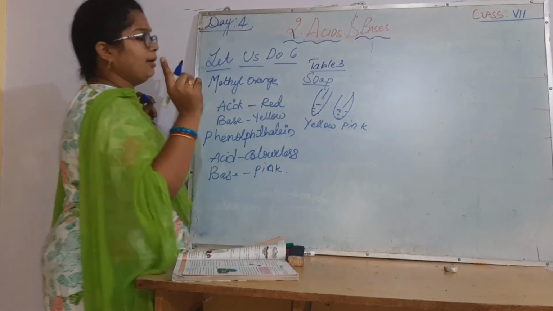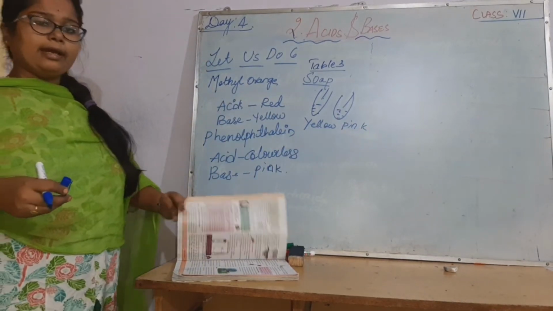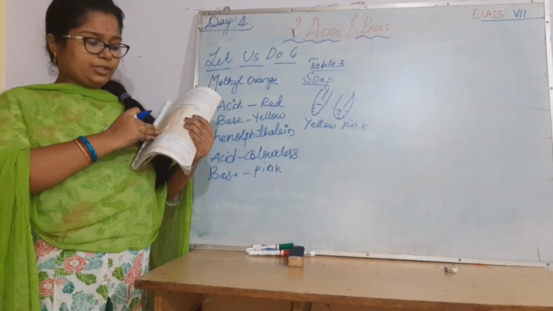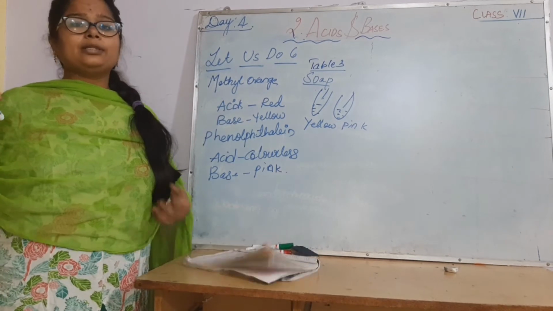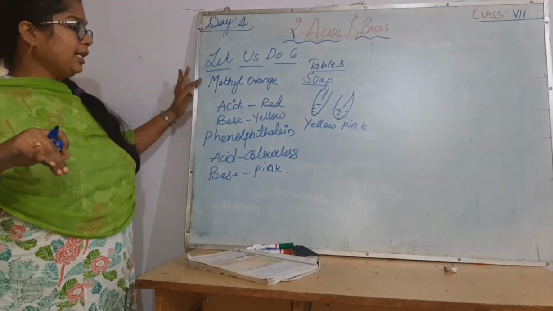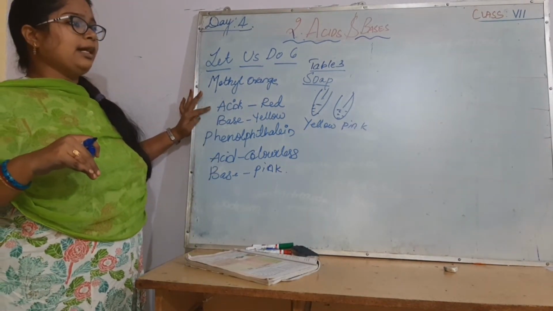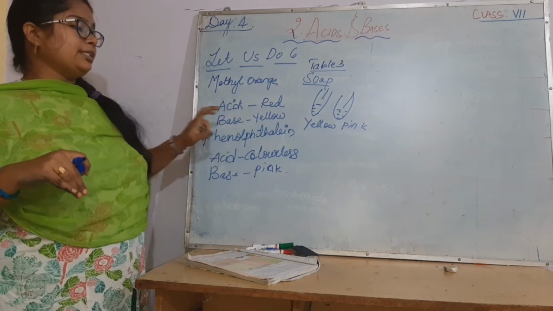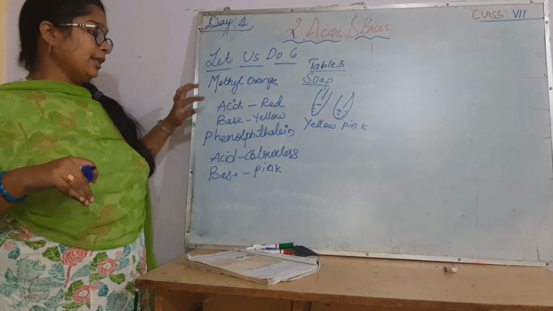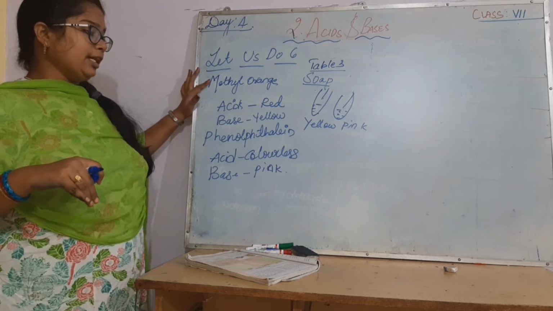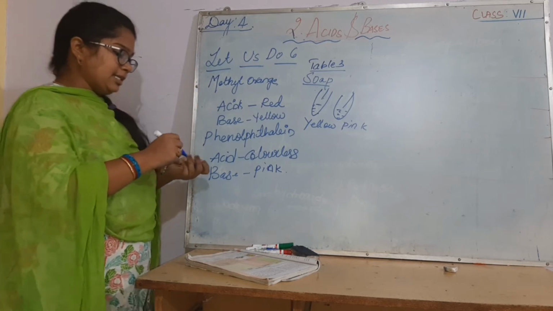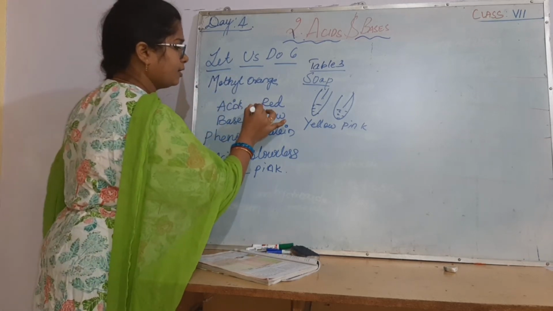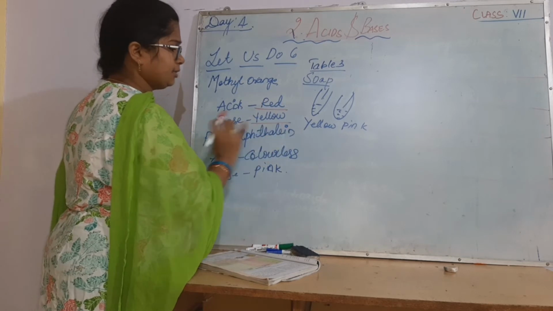So remember one thing: you can enlarge the table 3 experiments. Methyl orange, when added to acids, turns red. When added to a base, it turns yellow. Remember once again, methyl orange is orange in color. With acids it turns red in color. In base it turns yellow in color.